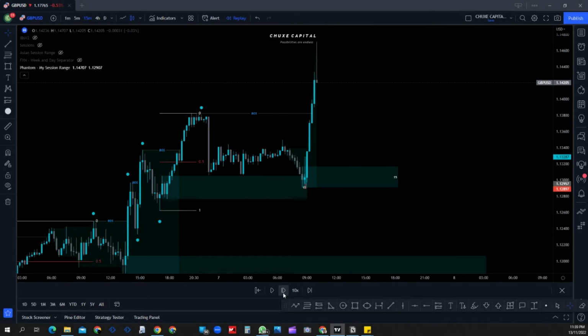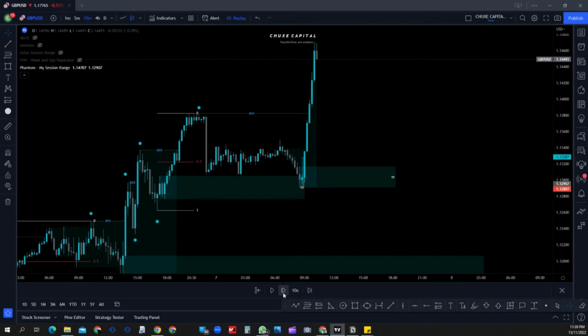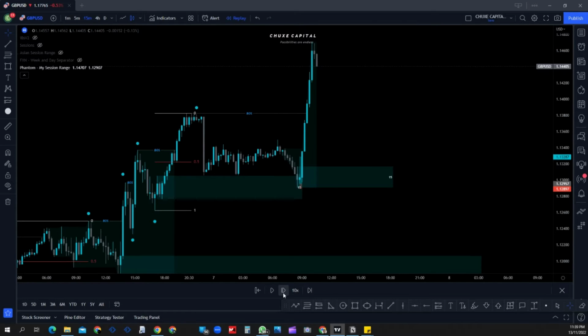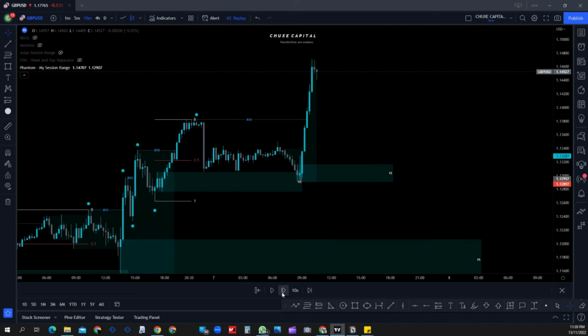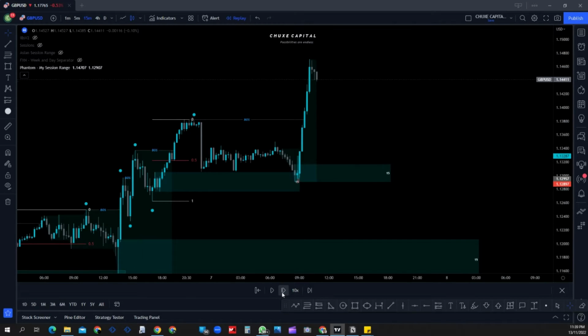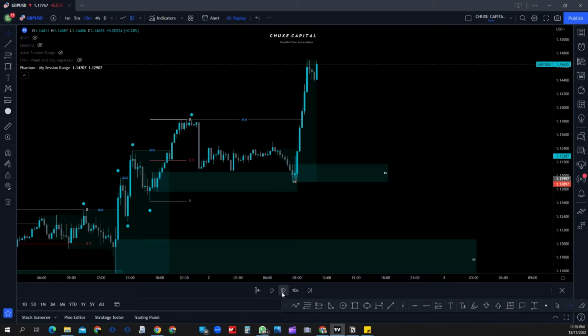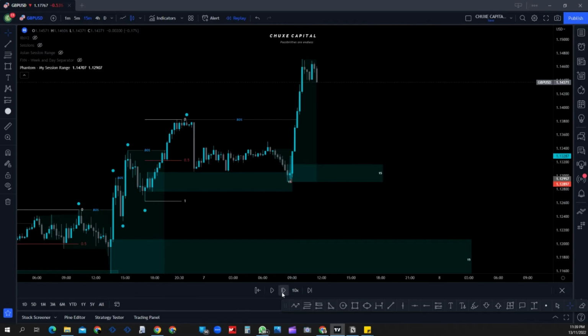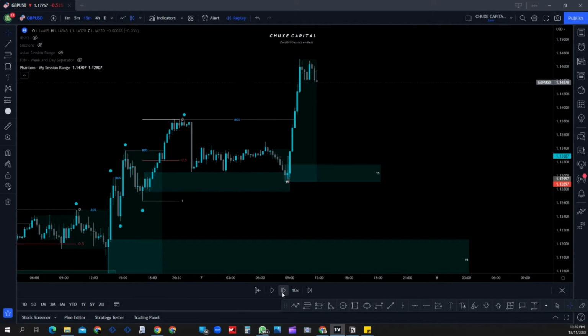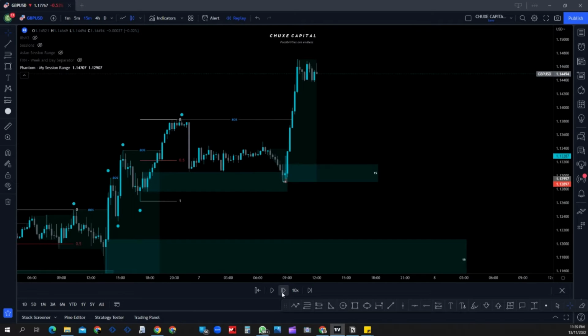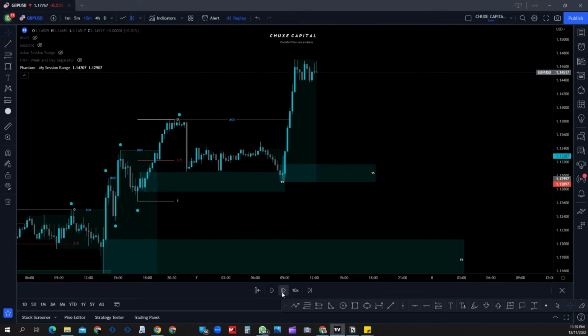Wait for the pullback. Okay, so that's a close below. So we have a pullback.